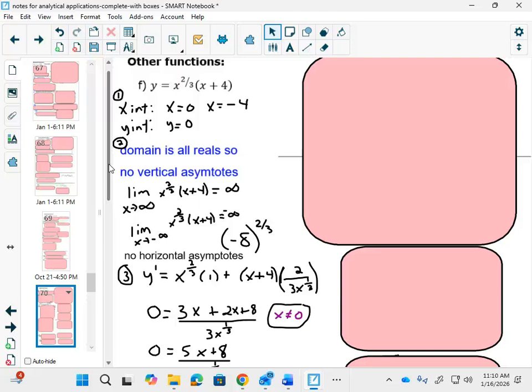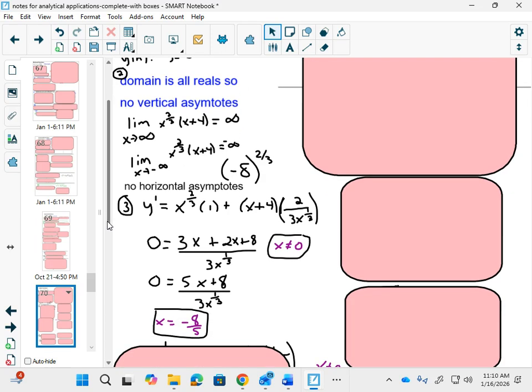And what I did here is, you don't have to simplify, but if I want to solve when it's equal to 0, it sure makes sense to get that common denominator, and then the only place it's going to equal 0 is if your numerator is equal to 0. So you would get x equals -8/5.